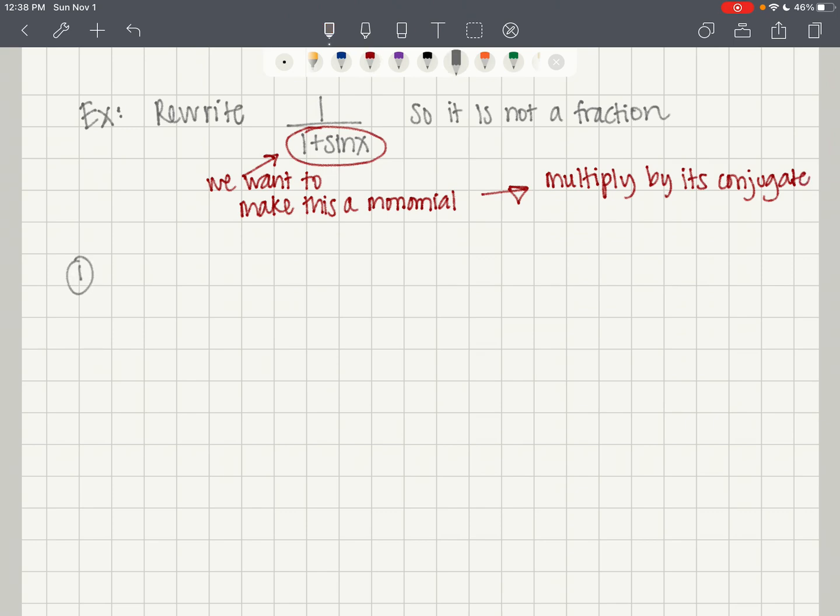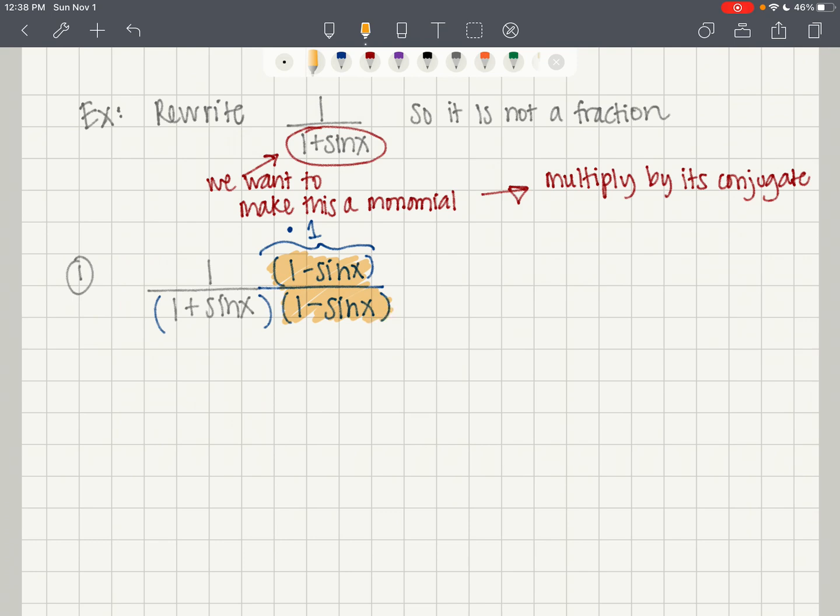So my first step, I've got 1 over 1 plus the sine of x. I'm going to multiply the denominator by its conjugate, which means I have to multiply the numerator by that same conjugate, not the numerator's conjugate, so that I'm multiplying by a factor of 1.